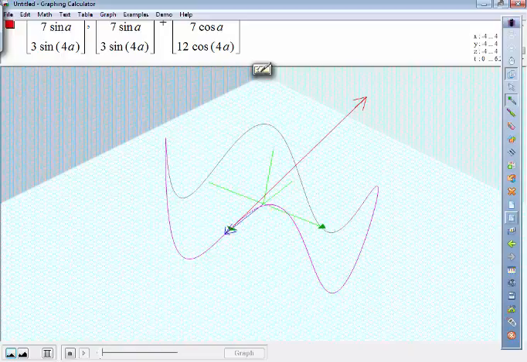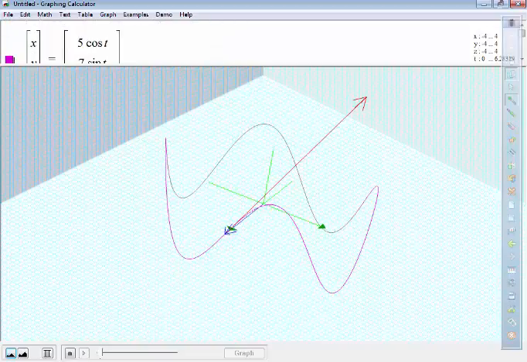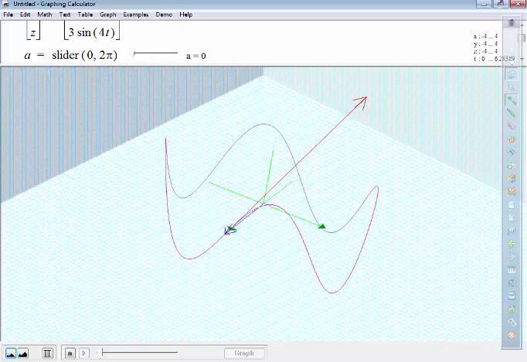By the way, in this particular example, does it look like the length changes? I can't tell. It looks like the length might be changing, yeah?